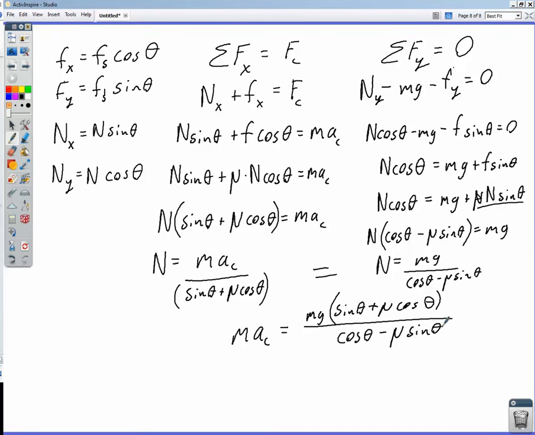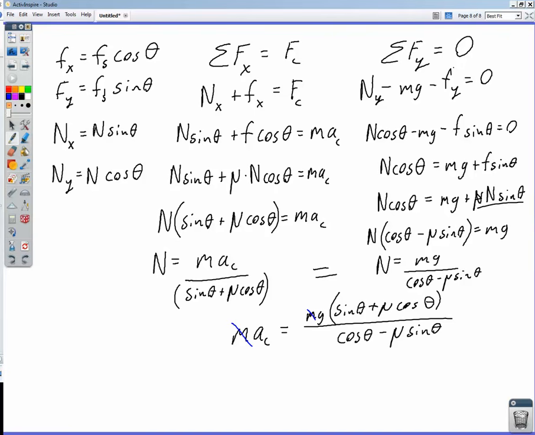And we have an m on both sides, which we get to cancel out, which is interesting. The mass of the car doesn't matter. So we have a sub c is equal to all that ugly stuff on the right.